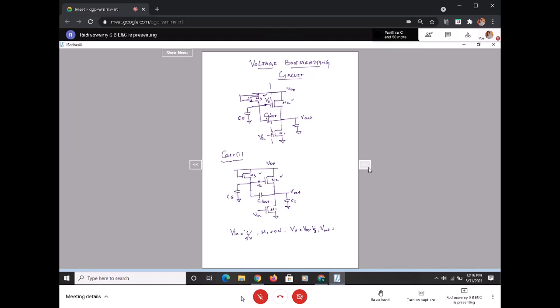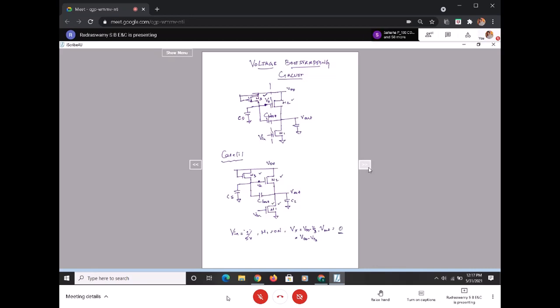What is V out? M1 is on. What is my V out? It has to be 0 because I'm getting a least resistance path through my M1. So V out has to be 0.